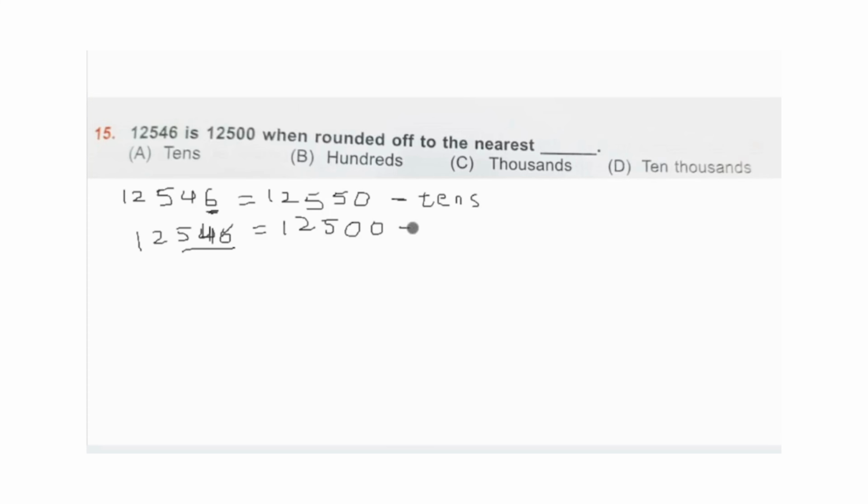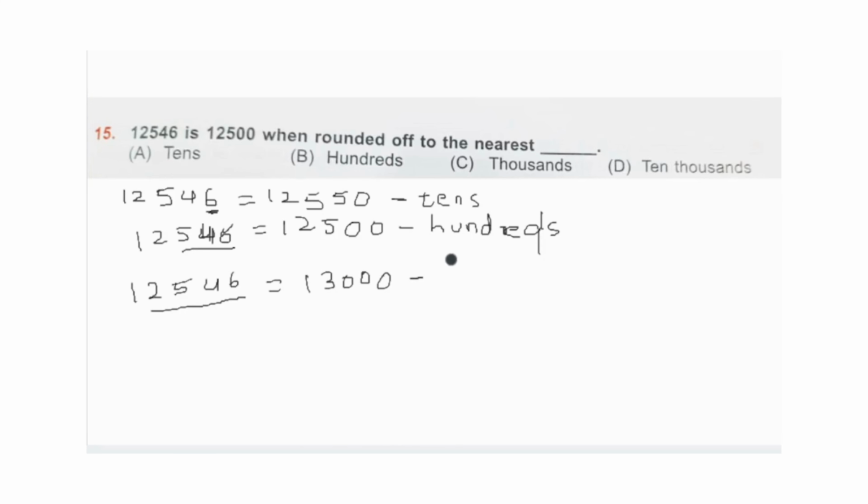This is the nearest 100. Now let's try to round off to the nearest 1,000. This number is greater than 12,500, so the nearest value is going to be higher than that, which is going to be 13,000.